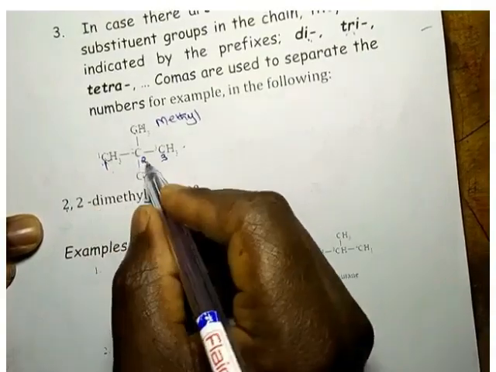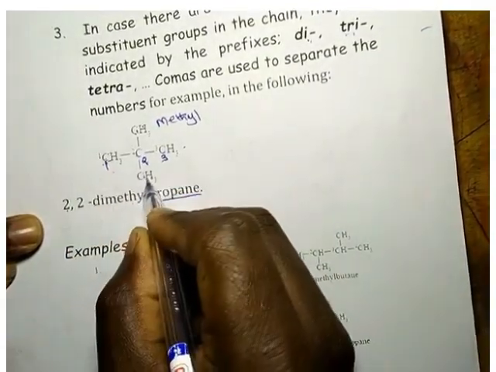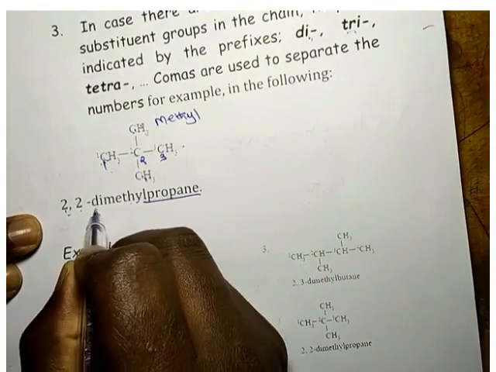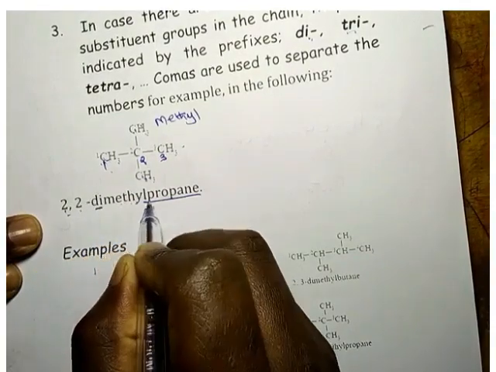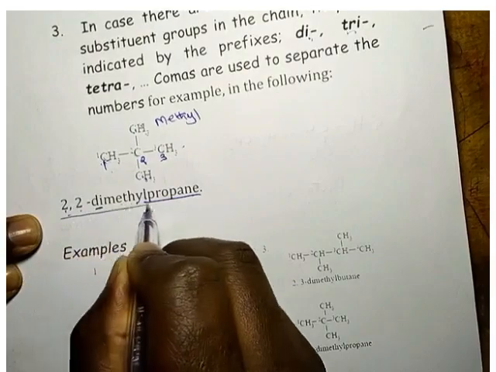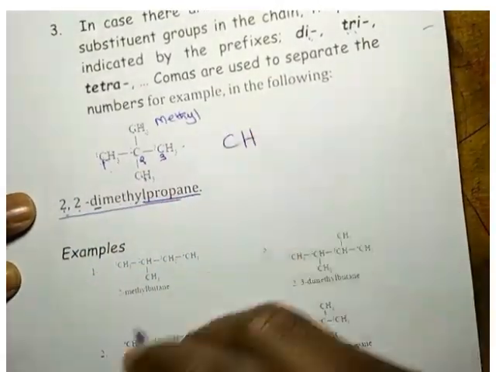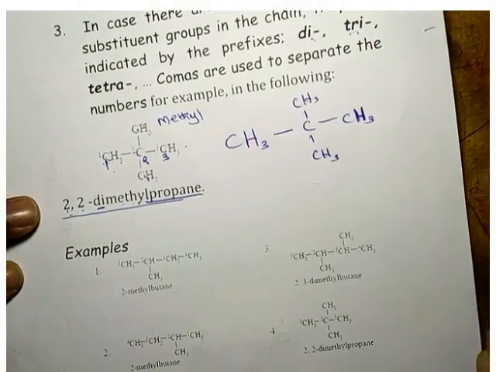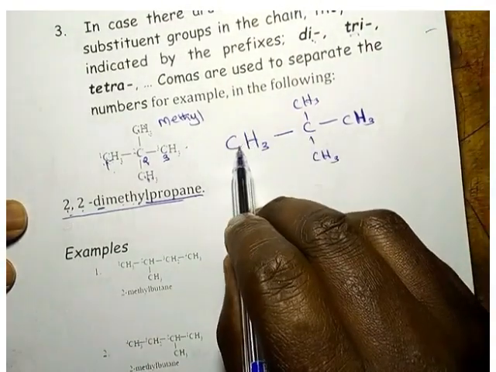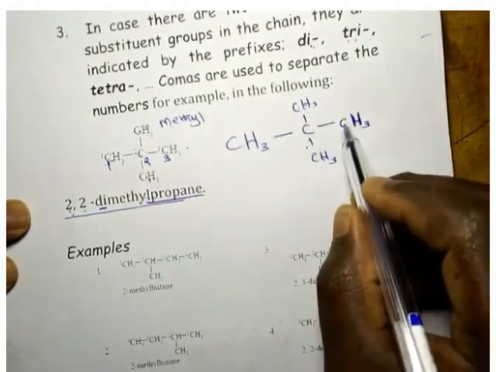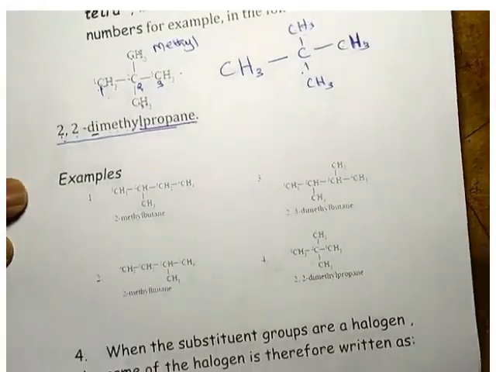So kwa carbon number 2, kuna methyl na kuna ingine. So we have 2,2-dimethylpropane. So this is the correct name of this compound here. We can do more examples.